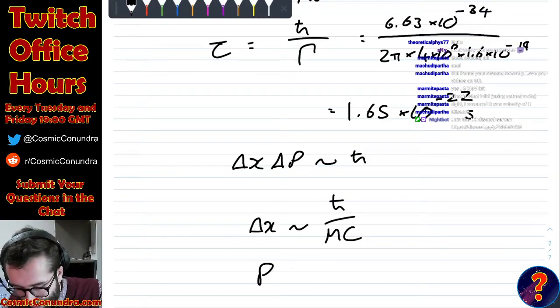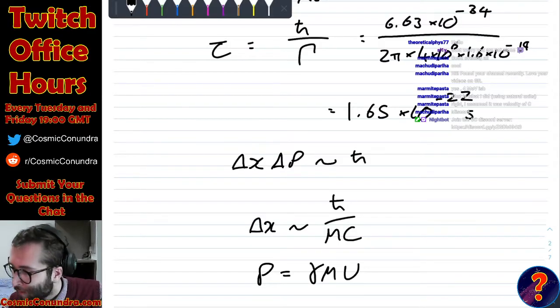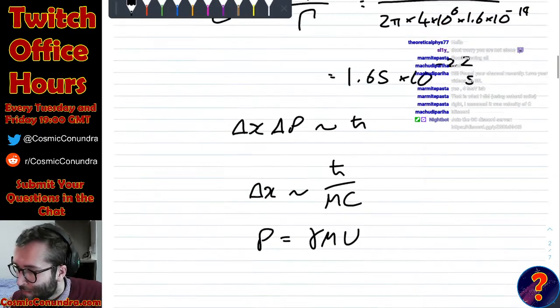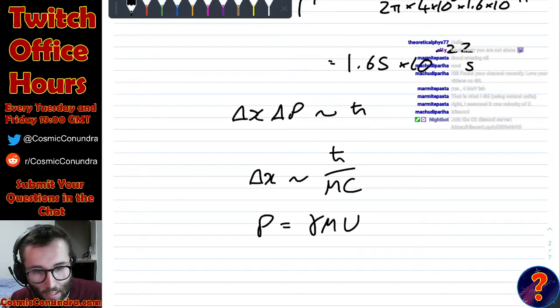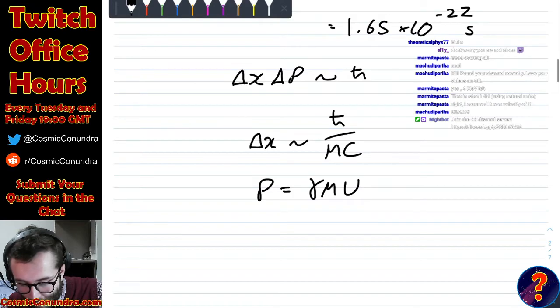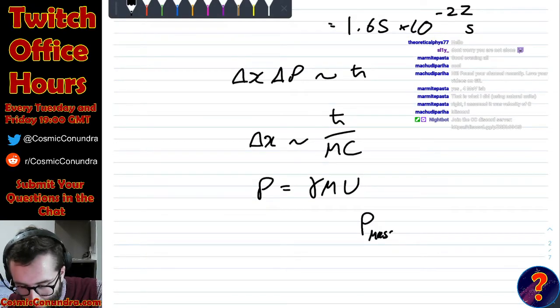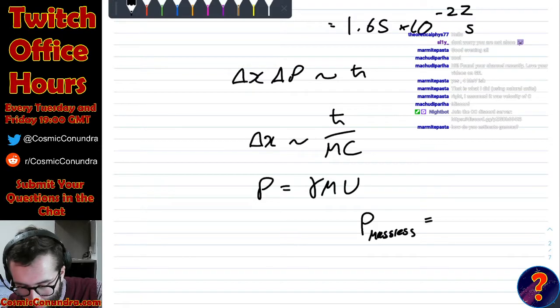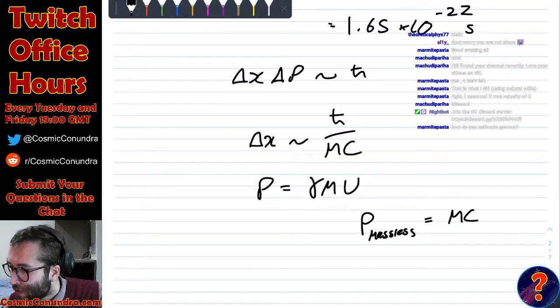You would have to use the relativistic formula for momentum, which is gamma mv. Or for a massless particle, the momentum is E over c. But the Higgs is definitely not massless.